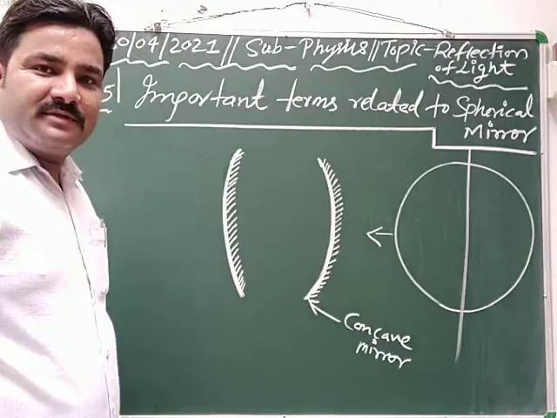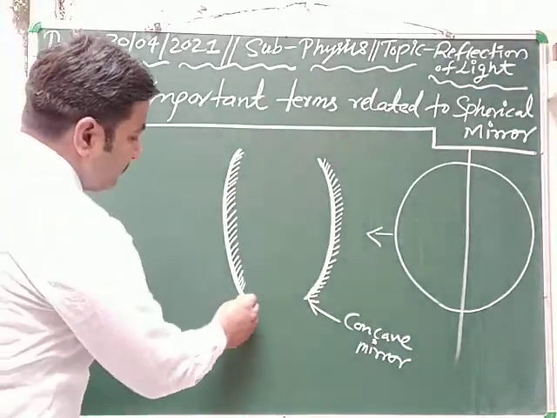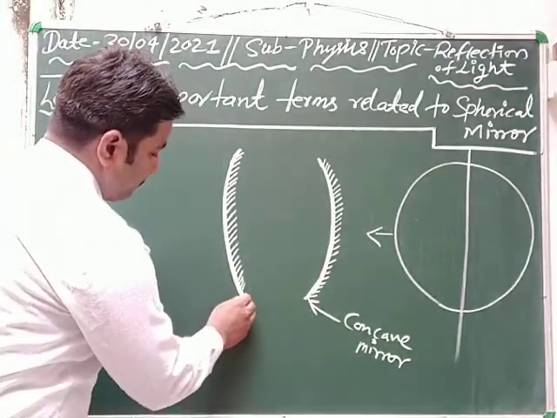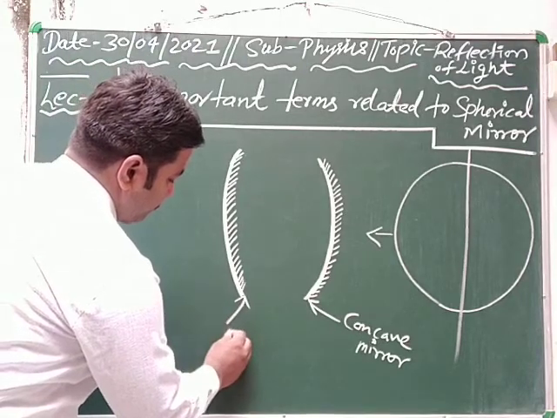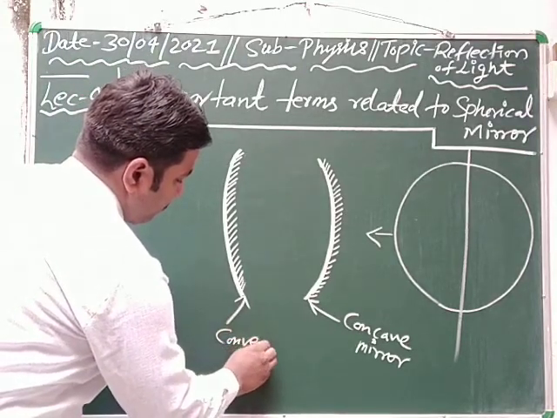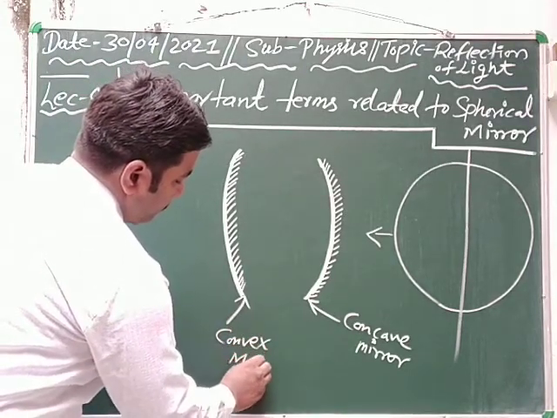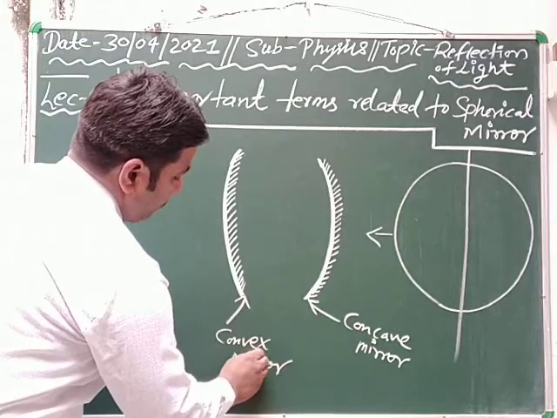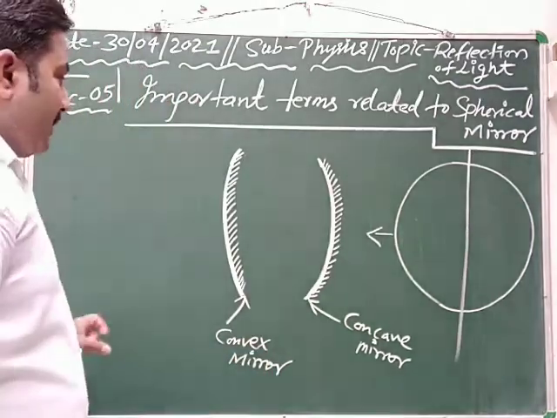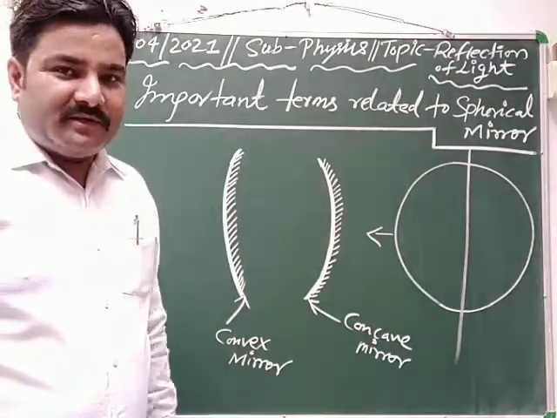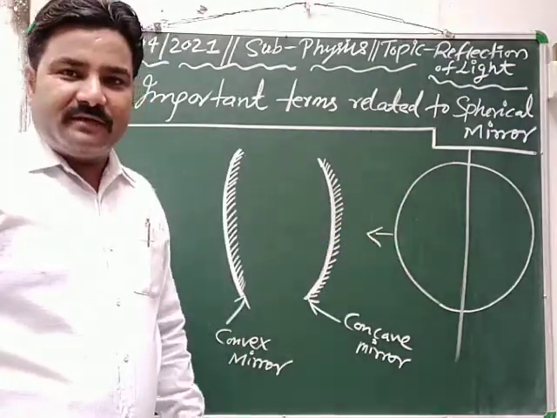Convex mirror. Clear? How the convex and concave mirrors are obtained from a spherical mirror, that is clear, very easy concept.